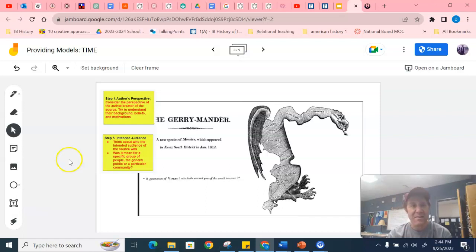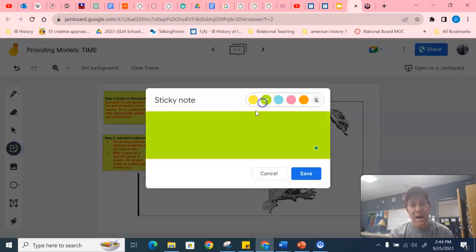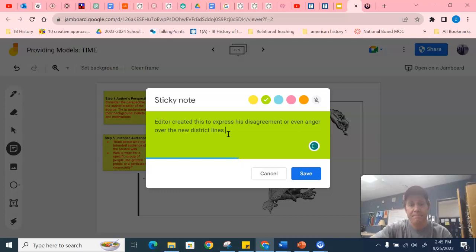Why do you think that this editor created it? Are they expressing their thoughts or their opinions here? I'm thinking that the editor created this to express his disagreement, or even anger, over the new district lines.